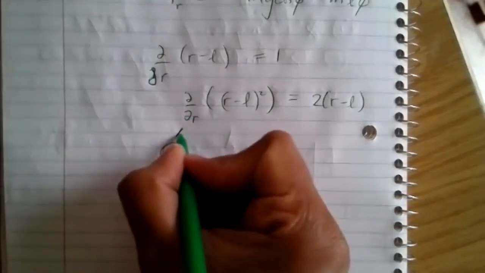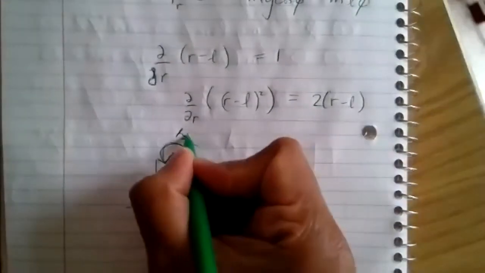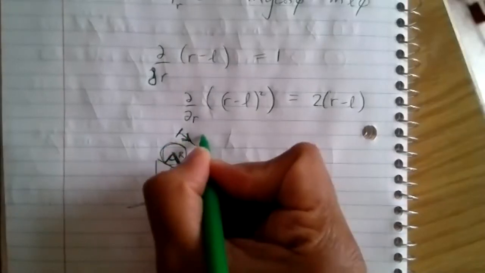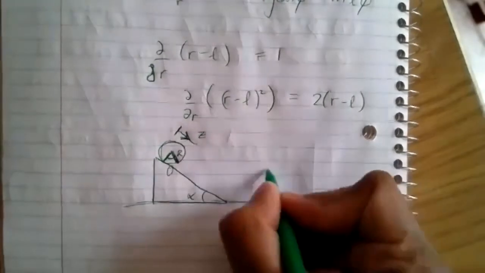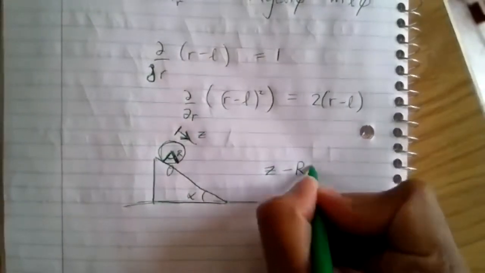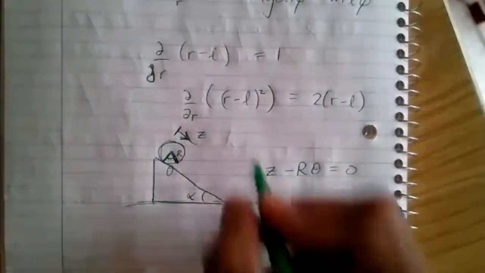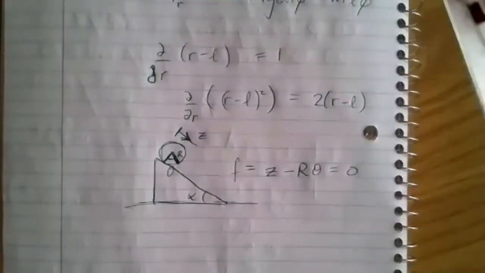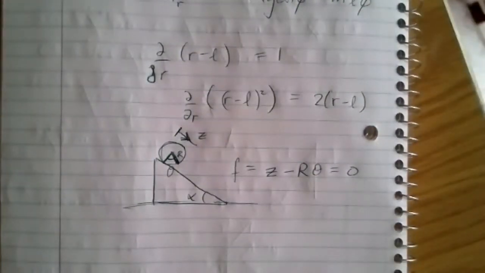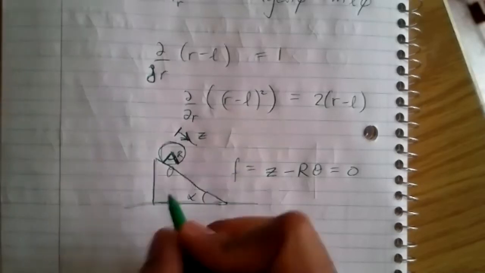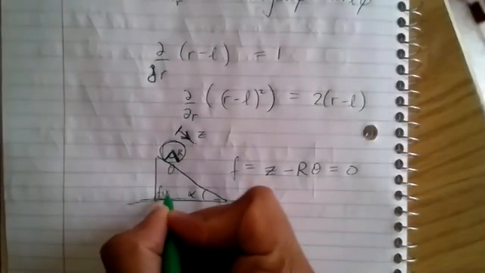And we're going to call the distance down the ramp z again. So this time our constraint is z minus r theta equals 0. So this is our f. And this is fixed.